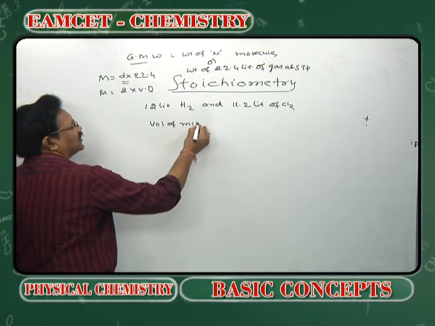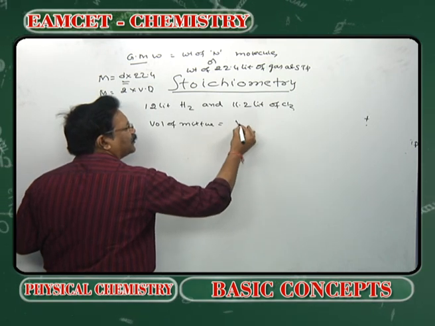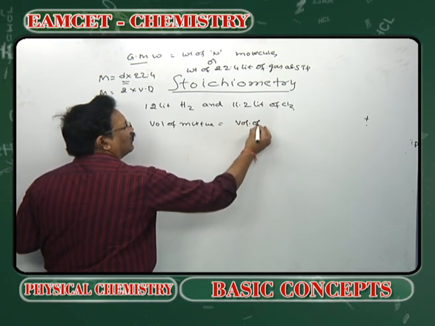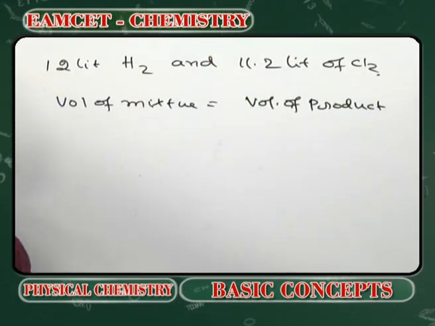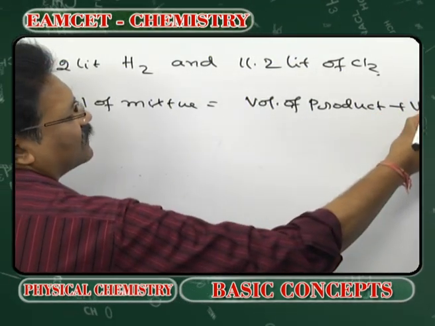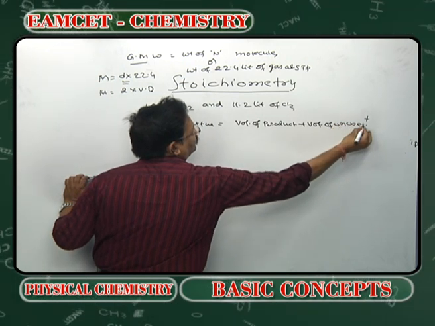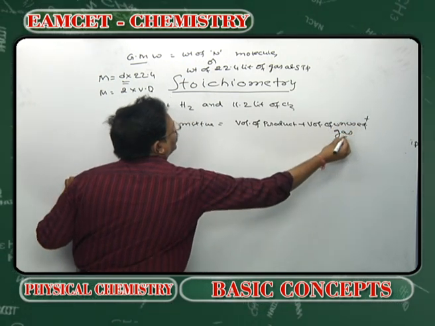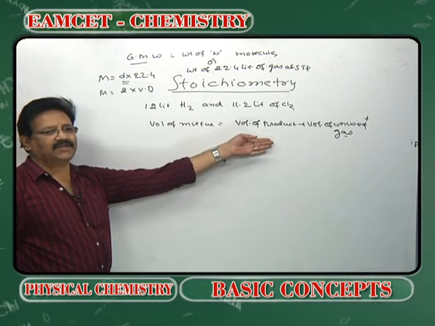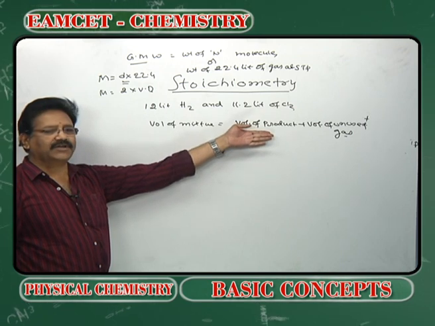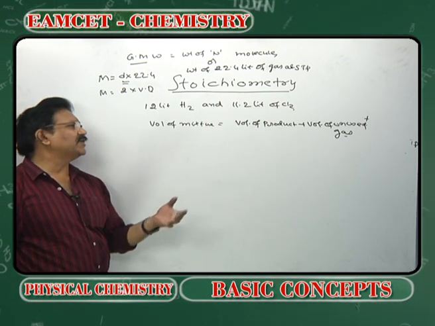Volume of the mixture is equal to volume of the product formed plus volume of the unused gas, because the quantity of the product always depends upon the quantity of the limiting reagent.